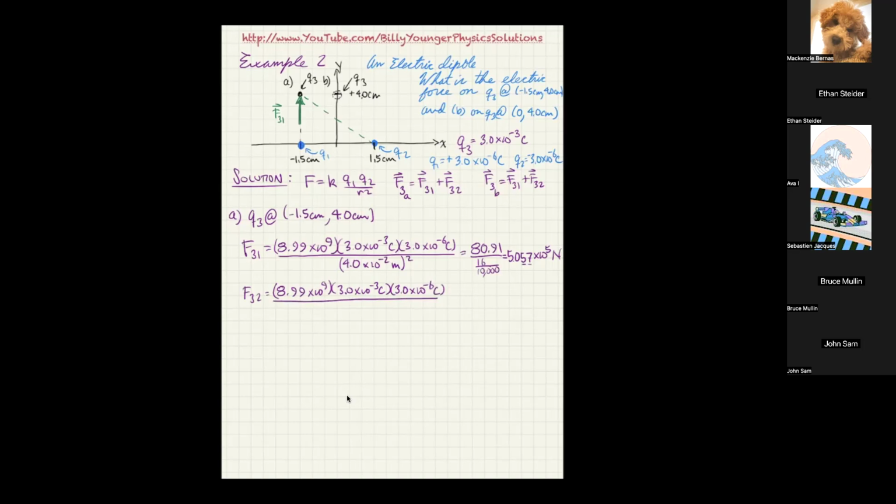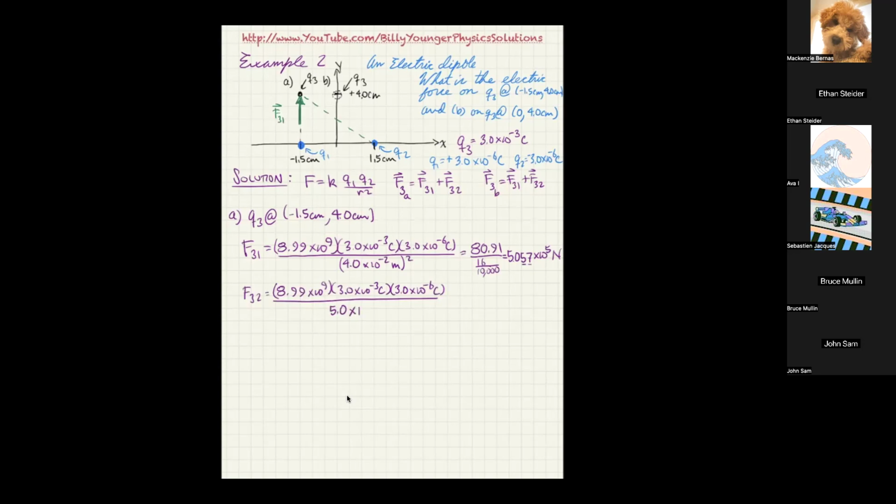Can anybody tell me how many centimeters that diagonal or that hypotenuse is? I bet you know. 5 centimeters. Yeah, it's basically the 3-4-5 triangle was what I was trying to use.